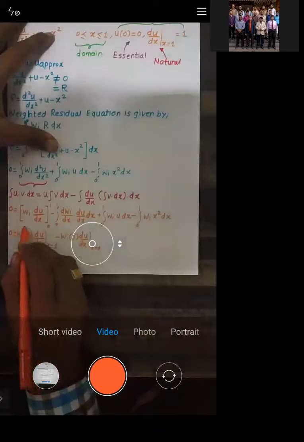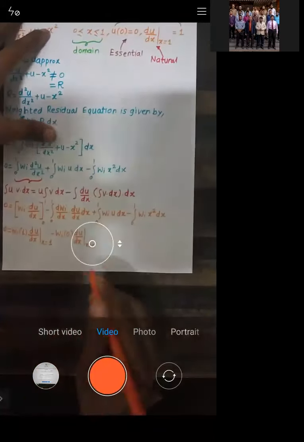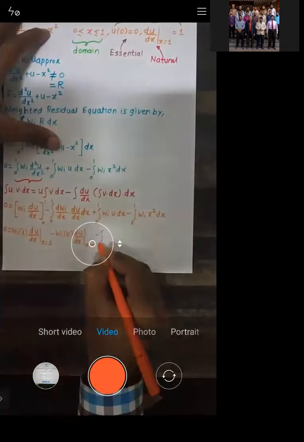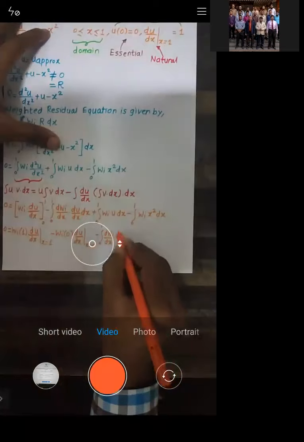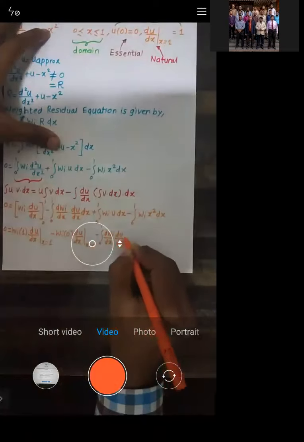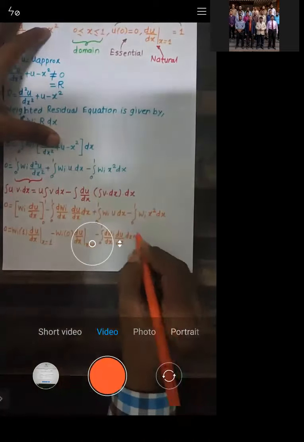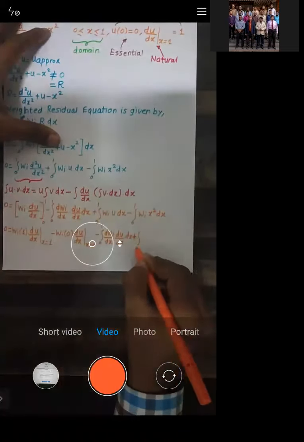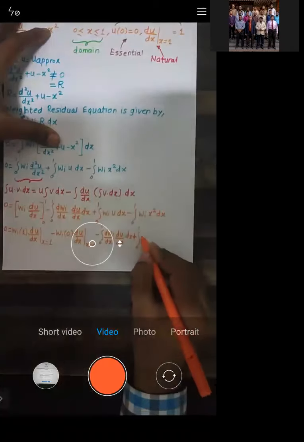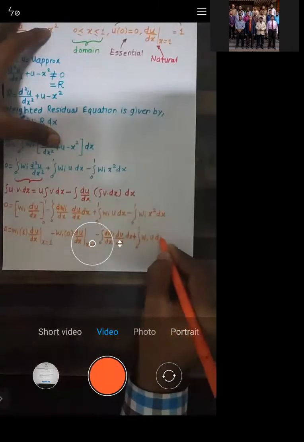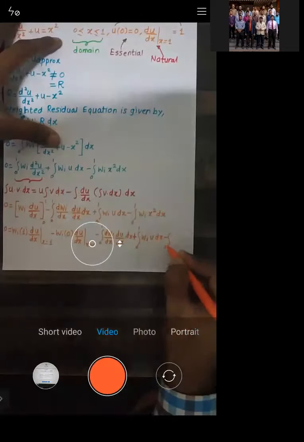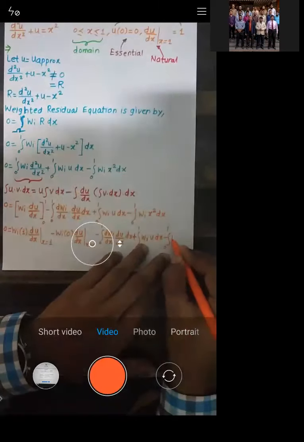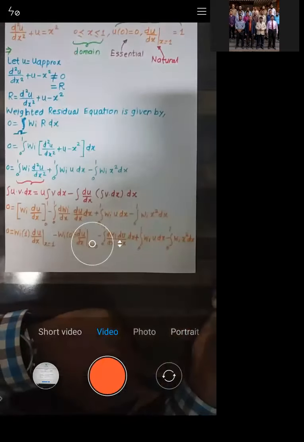Okay, you can check it. This term only I split. Rest of the terms I will just write down as it is. So minus integration 0 to 1 dw by dx into du by dx into dx, plus integration 0 to 1 w into u into dx, minus integration 0 to 1 w into x square into dx.